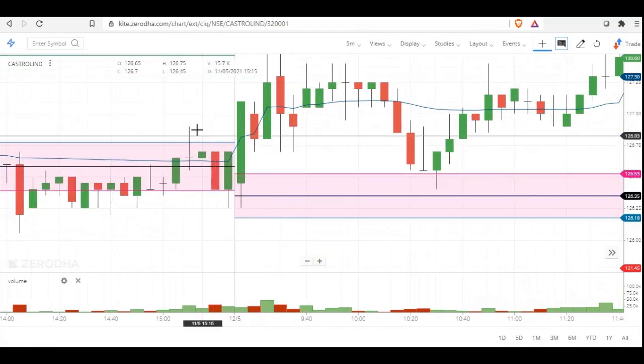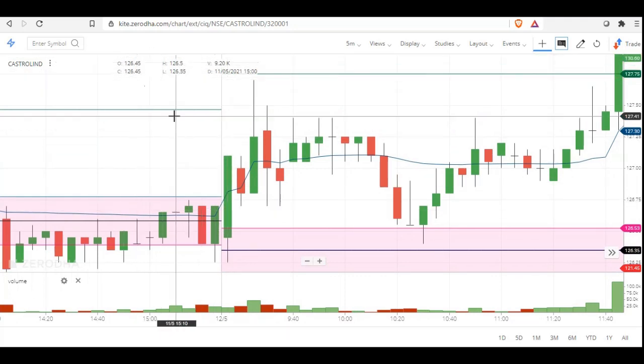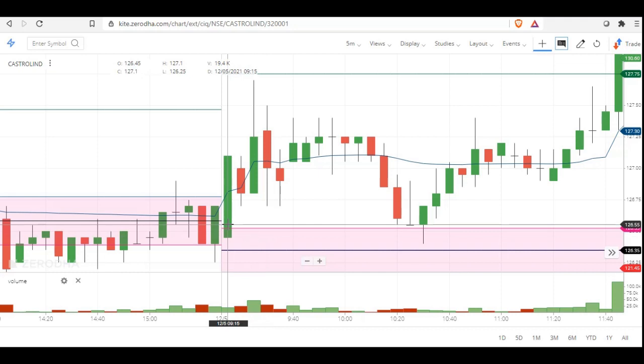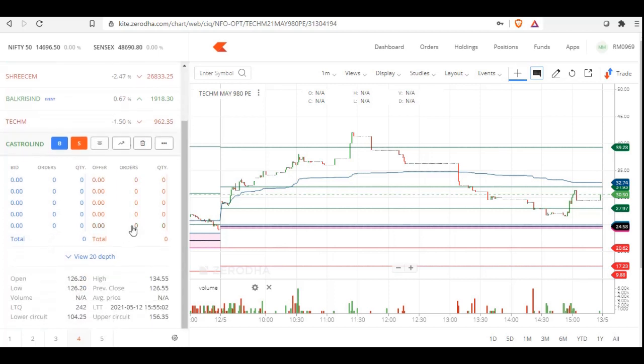In this chart it shows opening. Here you can check. This open is 126.45, low is 126.25, a slight difference. We can check on Castrol Industries.